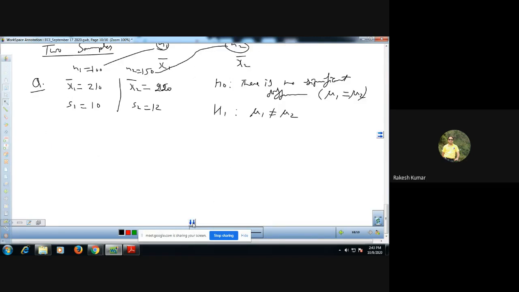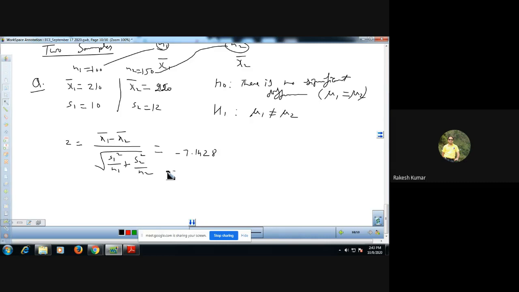Now, the only difference is the formula, and the formula is this one: x1 bar minus x2 bar, divided by the square root of s1² over n1 plus s2² over n2. So we just substitute the values. It comes out to be a negative value, negative 7.1428.